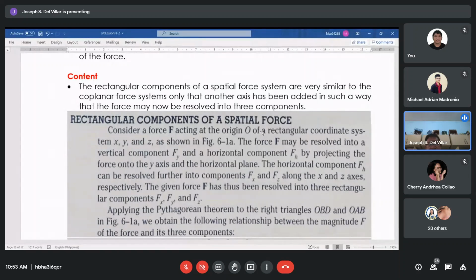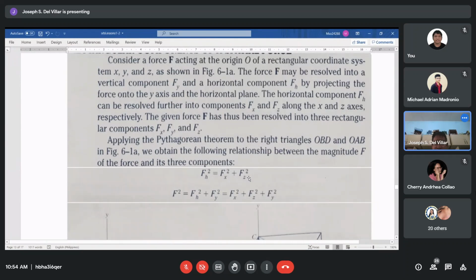So before, we were very familiar with the x and the y, but now another axis has been added. So we need to find also its rectangular components and how this new axis affects the resultant. So, rectangular components of a spatial force.